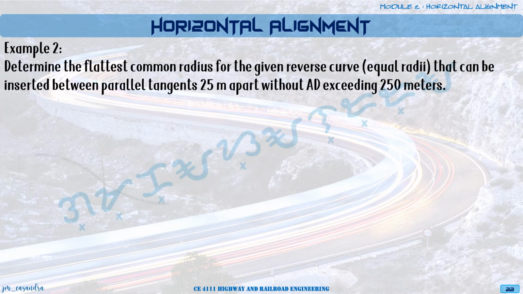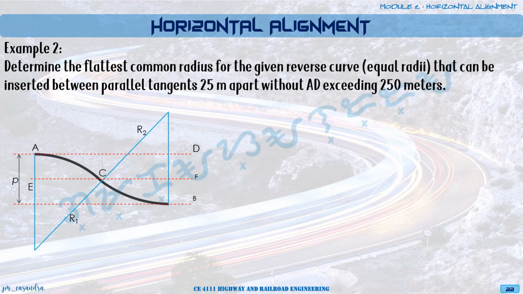So let's say we have here a reverse curve. We have to determine the flattest common radius for the given reverse curve. When we say common radius, it's an equal value of the radii that can be inserted between the parallel tangents. We have AB and BE, between parallel tangents that are 25 meters apart.